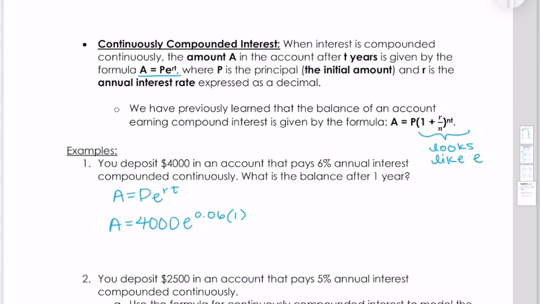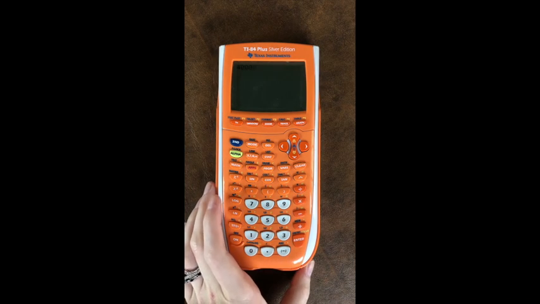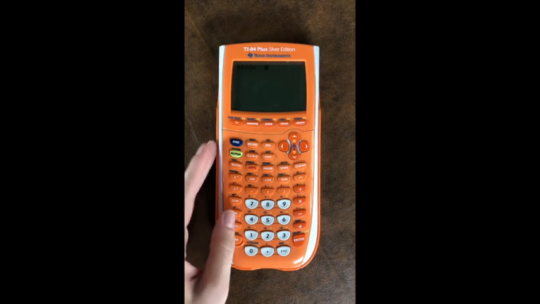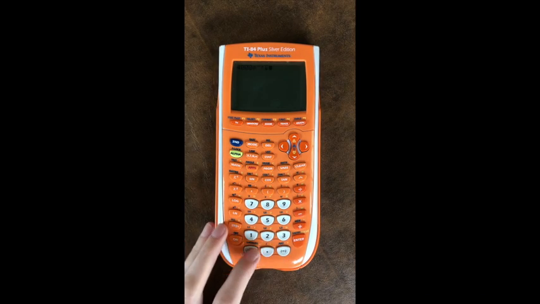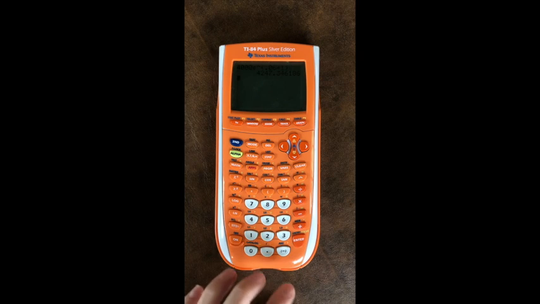Now I'm going to show you how to do it in a calculator. So in your calculator, it should look like 4,000 times e to the power of 0.06, and then times 1 because it's just 1 year. You should end up with $4,247.35.